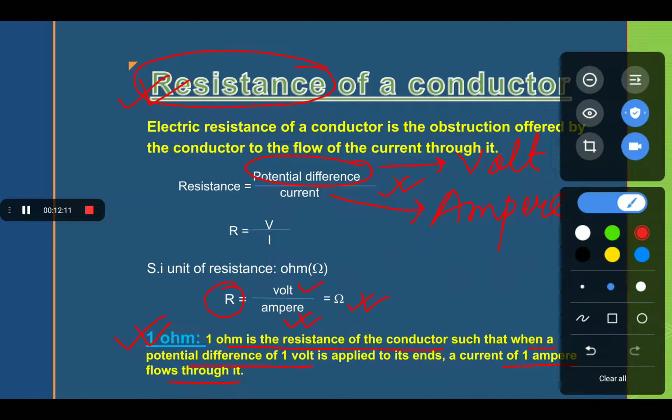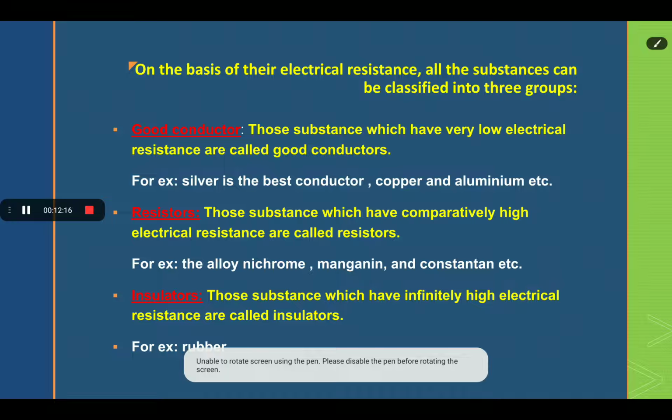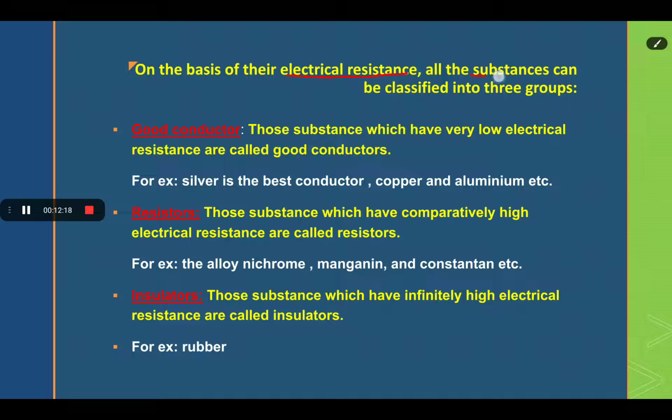In the next slide, the topic is that on the basis of electrical resistance, all the substances can be classified into 3 groups. It means all the substances have different resistance. So, on the basis of their resistance, all the substances are classified into 3 groups. First is the good conductor.